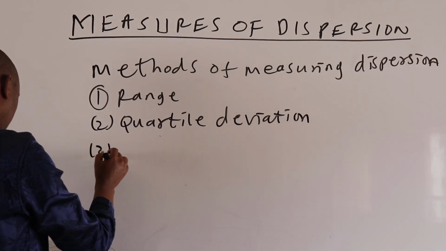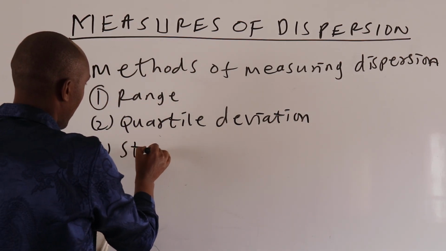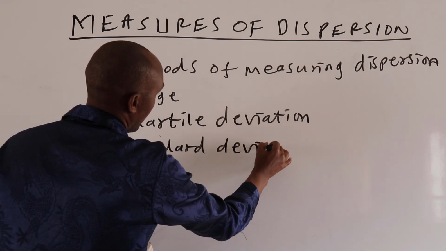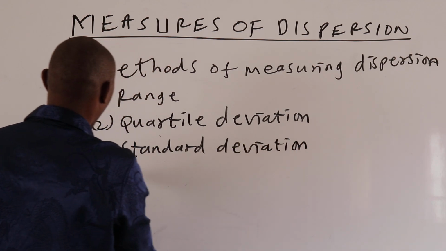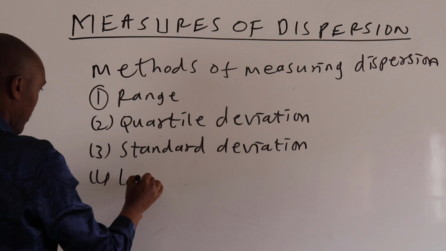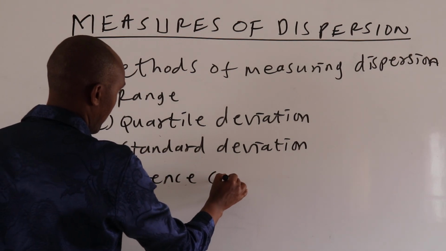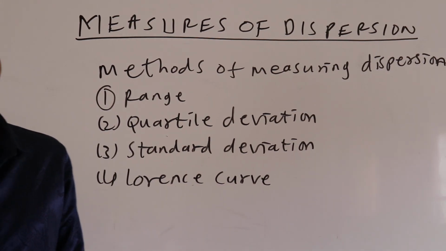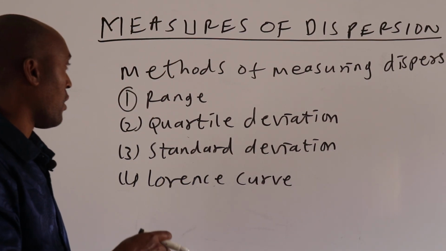Number three, standard deviation. And number four, Lorenz curve. These are the methods which you can use when you are measuring dispersion.